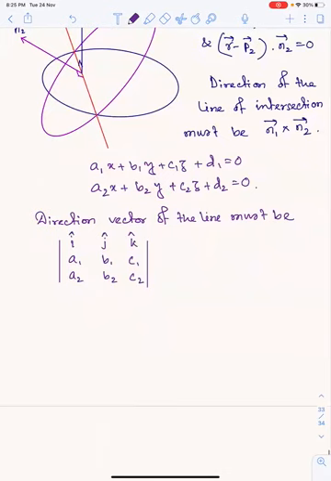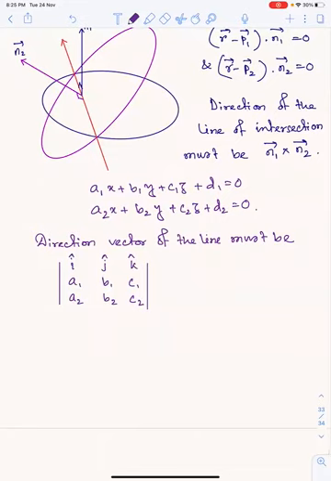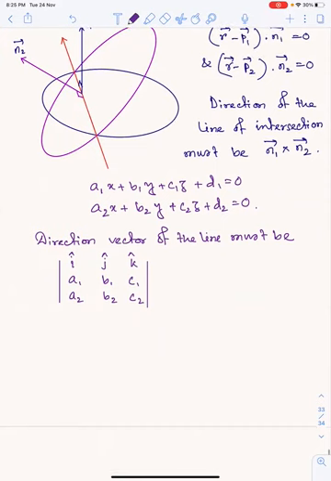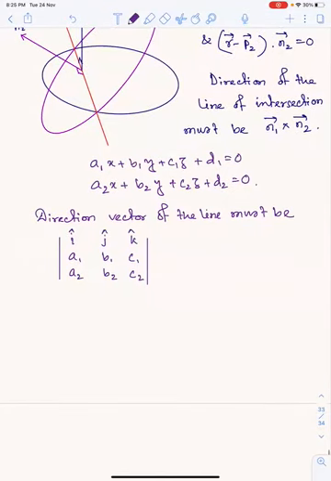Okay. And once you are done with that, a line is going to appear with its direction already determined. Now a line has infinite points. If you fix the value of any one of the three variables, accordingly we can determine the values of the other two variables.